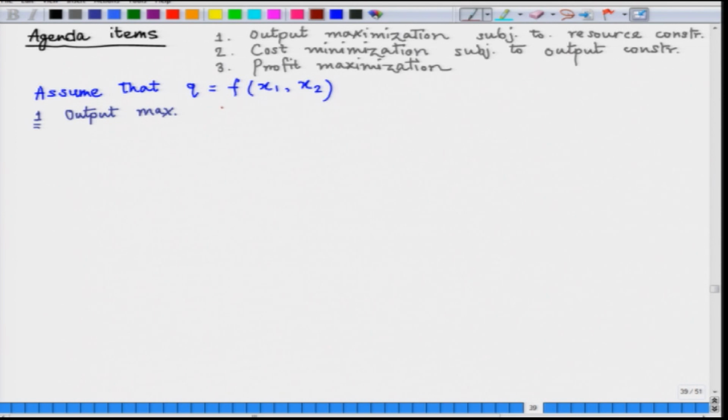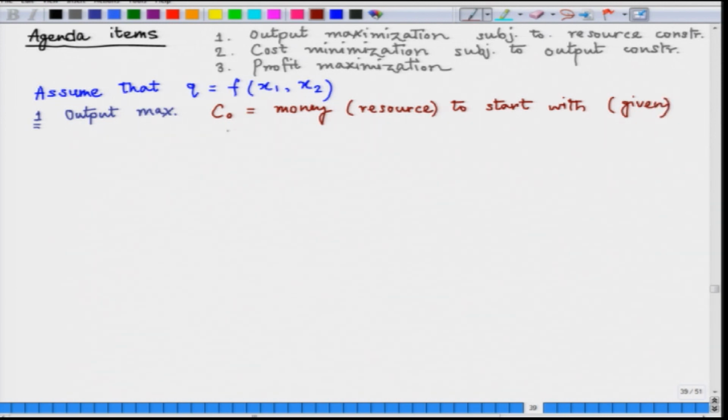So, we can assume that the farm has C naught amount of money, that is basically the resource to the farm to start with, and that is a given parameter in this optimization problem.